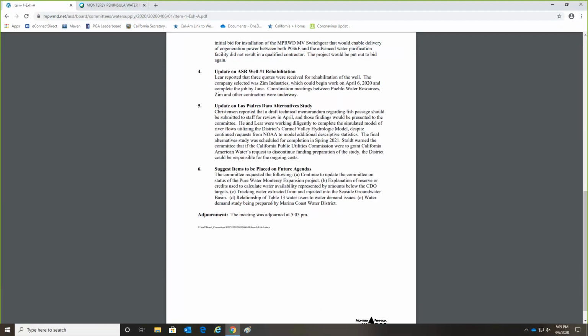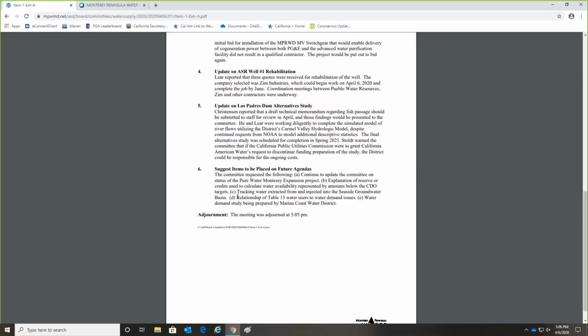Yeah, well, right. So A and B were relatively straightforward. We haven't done B yet. C and D, there was some desire to be better educated as to the relationship of how water goes in and out of the Seaside Basin and who the pumpers are and what their different rights are and so forth.